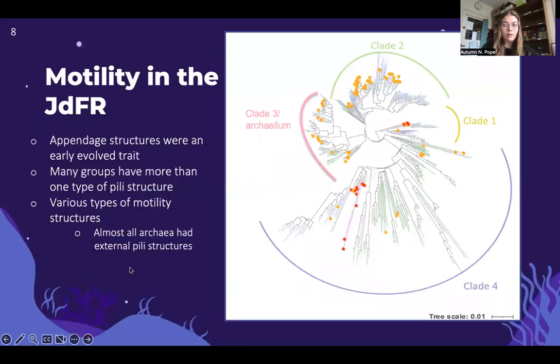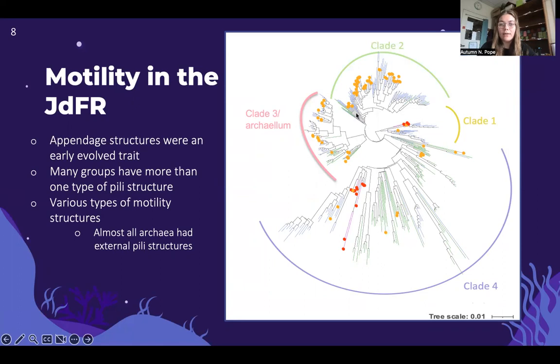So then, sophomore year, I went to Bigelow Laboratories up in Maine and worked on a bioinformatic project trying to understand what types of motility genes these archaeal species from the Juan de Fuca Ridge had. So this is a phylogenetic tree that I made that summer. These orange dots are my Juan de Fuca Ridge species.